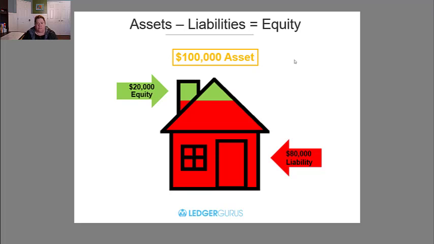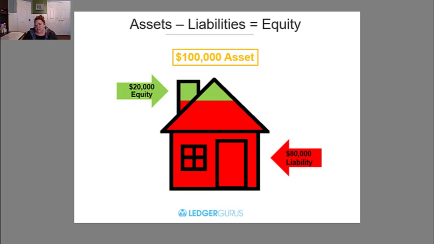This perfectly describes the accounting equation upon which the balance sheet is founded, which is that assets minus liabilities equal equity, or assets equals liabilities plus equity. So if I have a home worth $100,000 and an $80,000 liability against it, $100,000 minus the $80,000 liability equals $20,000 in equity.